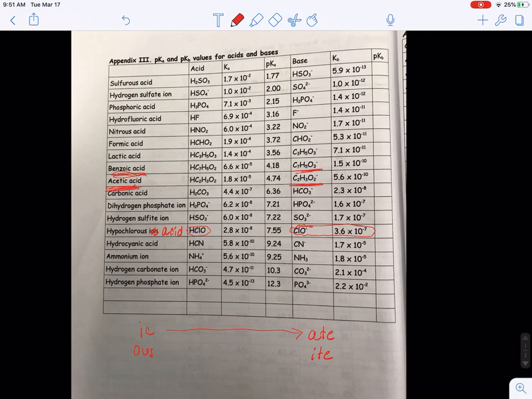And let's look at some ous acids. We have sulfurous acid. Okay. So this would be hydrogen sulfite. This is hypochlorous acid. This would be hypochlorite. Okay. So now you kind of know the naming conventions of these oxyacids and so on.